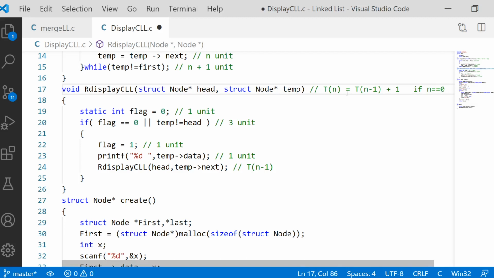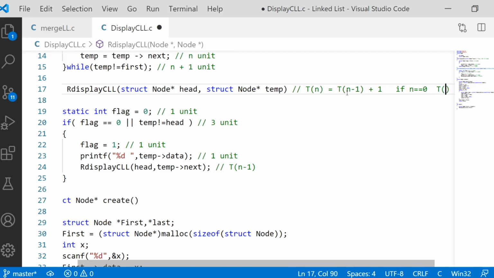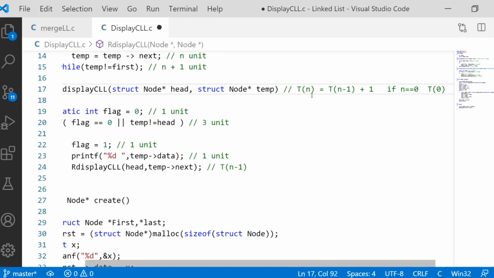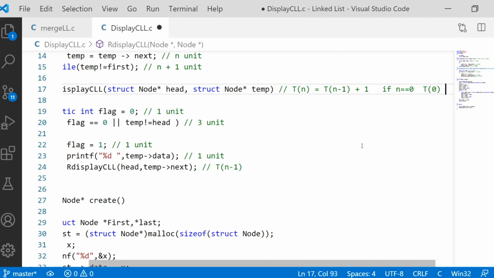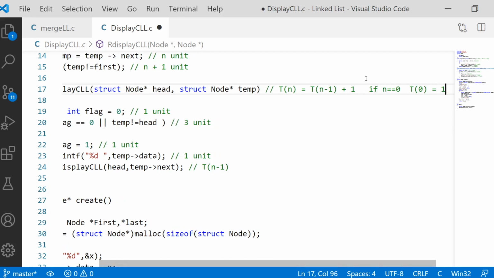N equal to 0, there is no node left, T of 0. If there is no node left, this if condition will evaluate to false and you come out. When you come out, there is nothing to execute, but for checking this condition, it will take only 1 unit. So if n is equal to 0, T of 0 equal to 1. If n is greater than 0, then T of n equal to T of n minus 1 plus 1.